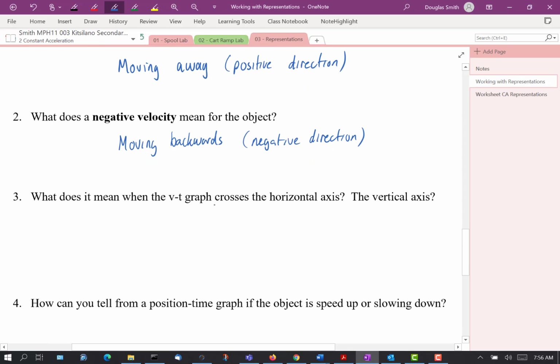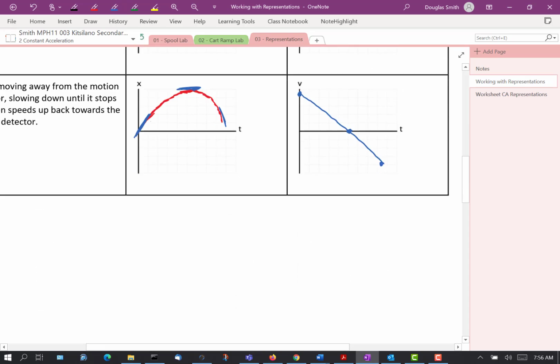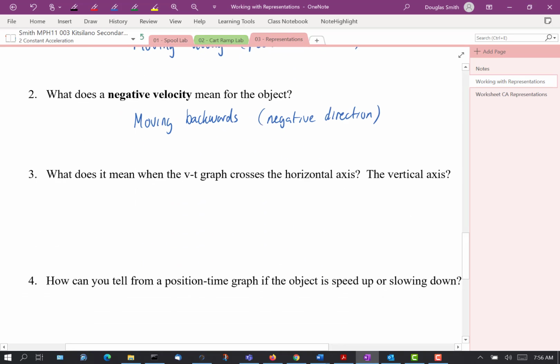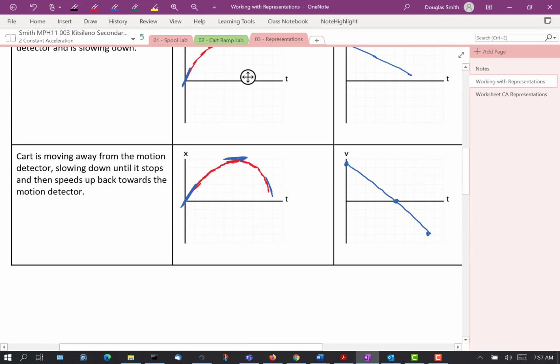If a velocity time graph crosses the horizontal axis, like there, what does it mean? It means it comes to a stop and it switches direction. That's what happens here, right? This thing was moving forwards, eventually it came to a stop, and then switched directions. That's what's happening at that point.